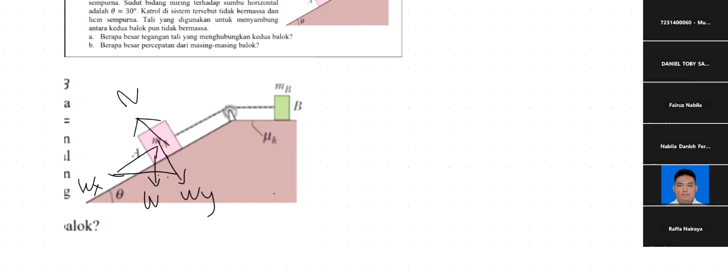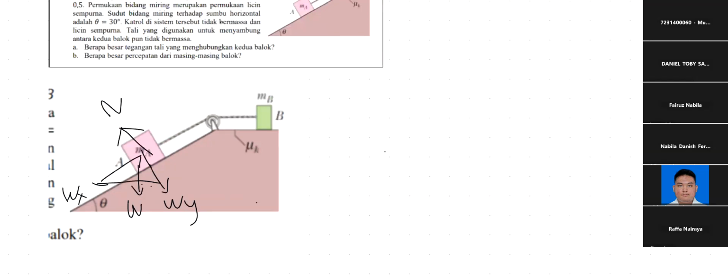Then we do it for this one as well. So it's T1, T2. For this one, there is a friction. There's a normal force. And there is also berat.